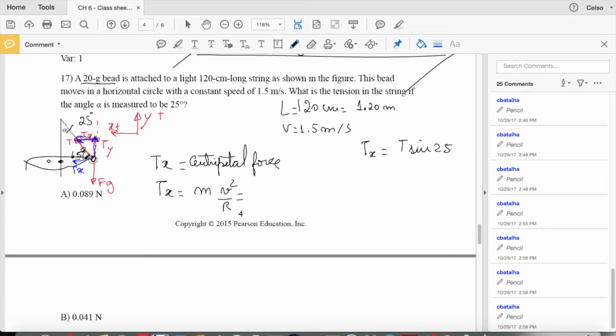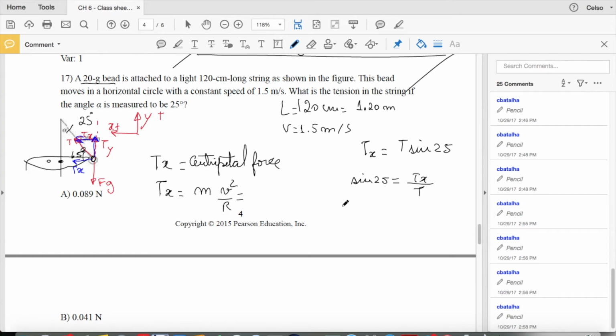So the projection Tx is equal to T cosine of 65, which is T sine of 25. Another way of seeing that is the sine of alpha, sine of 25. If you look at the triangle, sine of 25 is equal to Tx over T, and then Tx is T sine of 25.